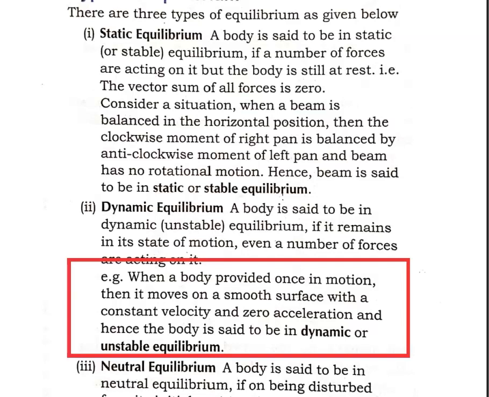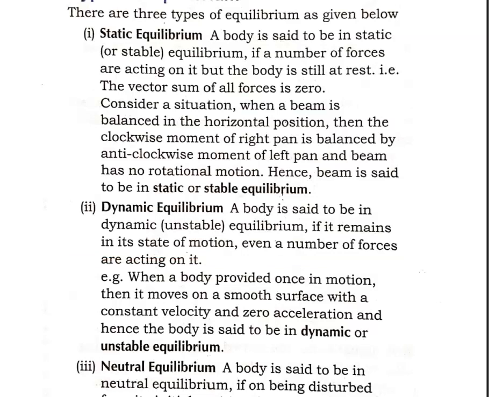In this case, there are two forces acting. The forward acting force of the engine of the train is balanced by the backward acting drag or frictional force of air, and hence the train is moving with uniform velocity. So that was a case of dynamic equilibrium.